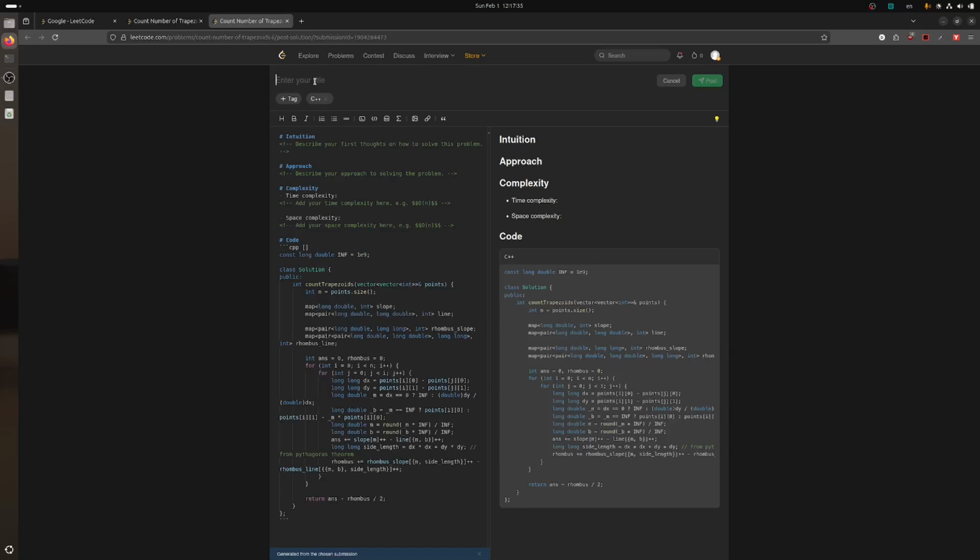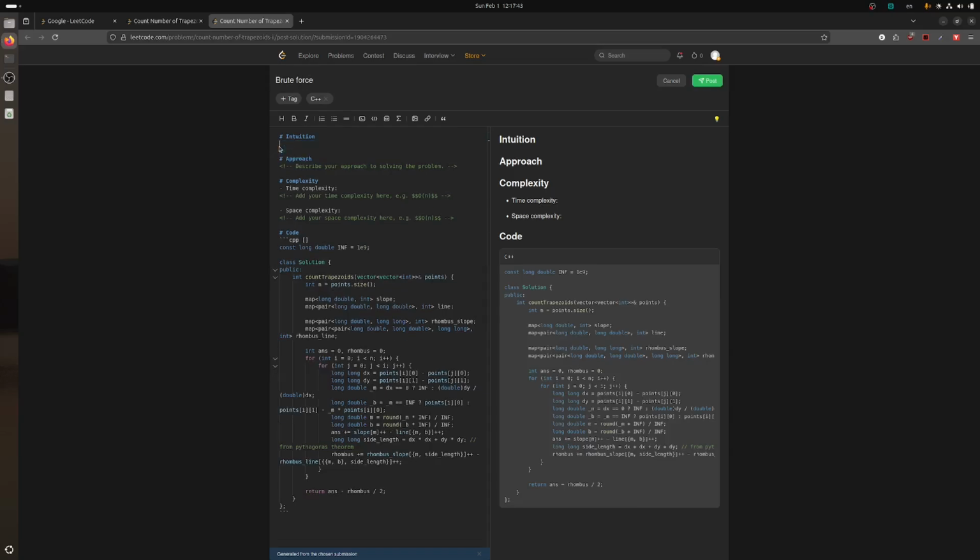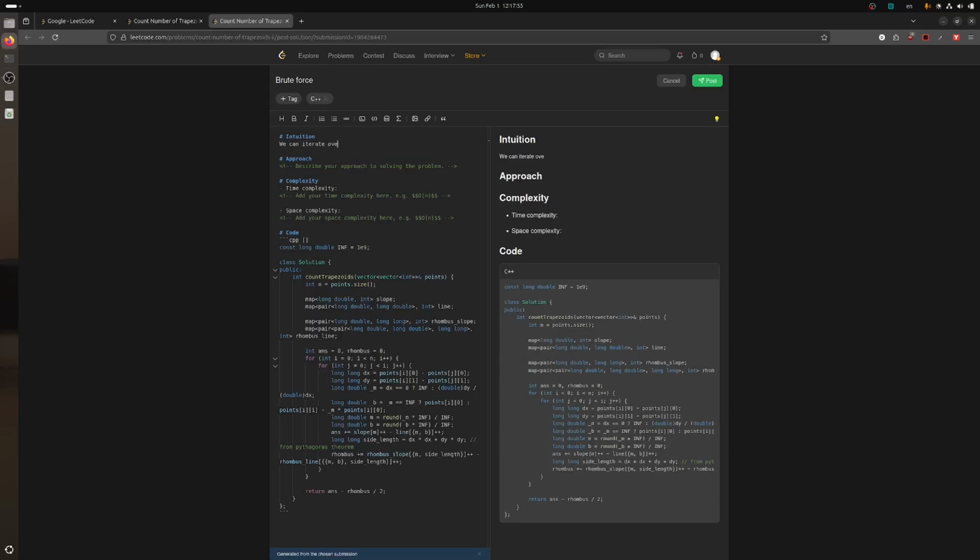So, how to call this? A brute force. Okay, and what do we want to say in the brute force? We can iterate over all lines, and two line segments form a quadrilateral.